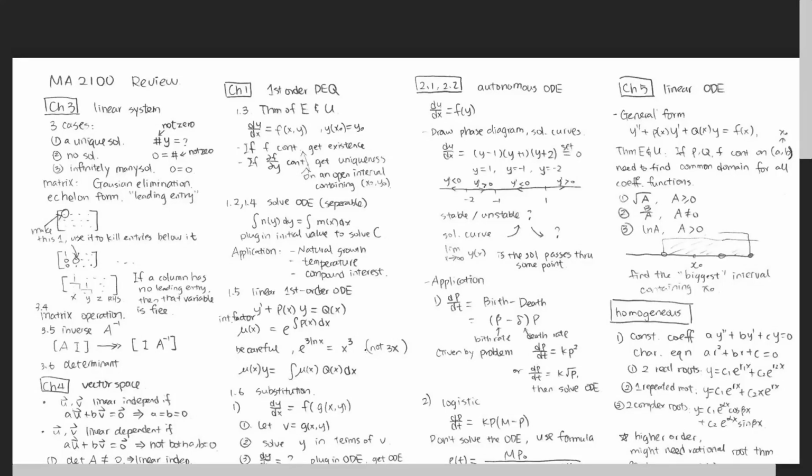For example, on the real number line, you plot the critical points, and those critical points are the equilibrium solutions. And then on each piece of the interval, you put some points into the ODE, and then you figure out whether your rate is positive or negative, and then whether your solution is increasing or decreasing.